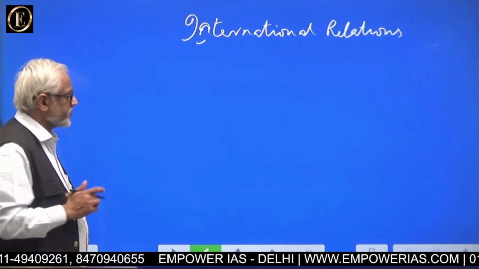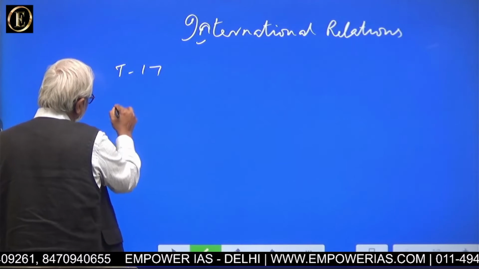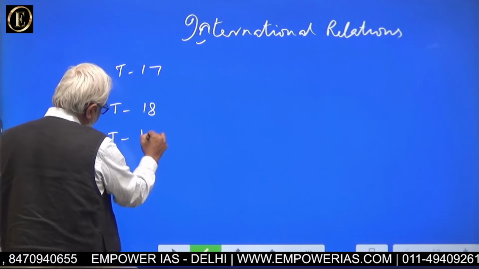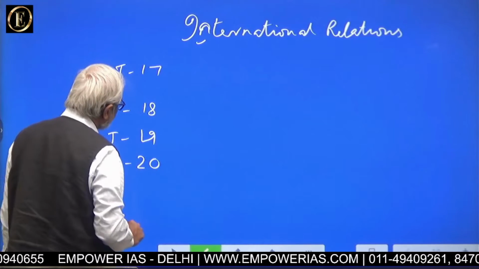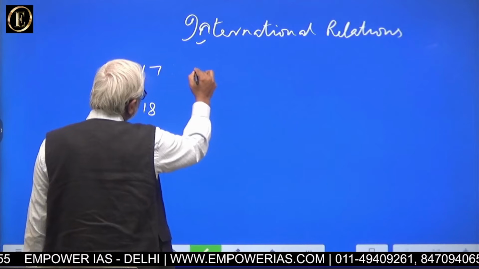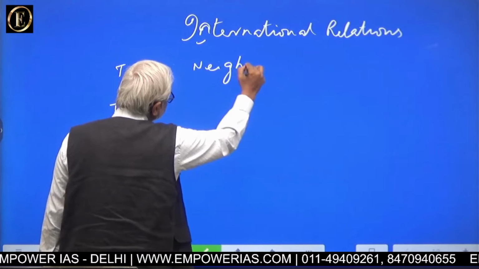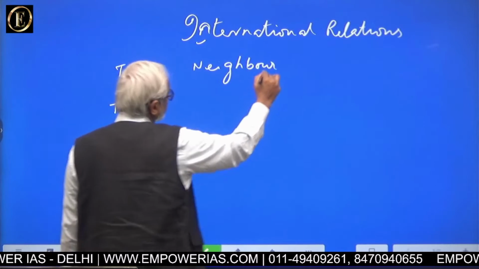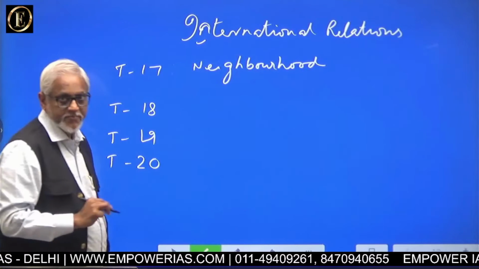Which are the topics? Topic 17, topic 18, topic 19 and topic 20. Topic 17 talks about neighborhood. Fine.